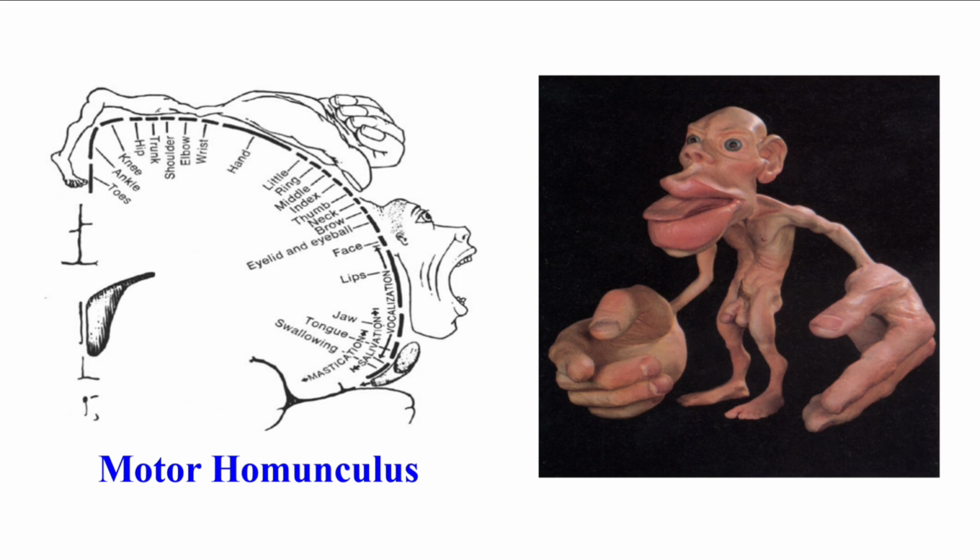Please note that in this motor homunculus, the face area has bilateral representation. Whenever there is a movement in any part of the body, blood flow increases in the corresponding area of the primary motor area on the contralateral side.